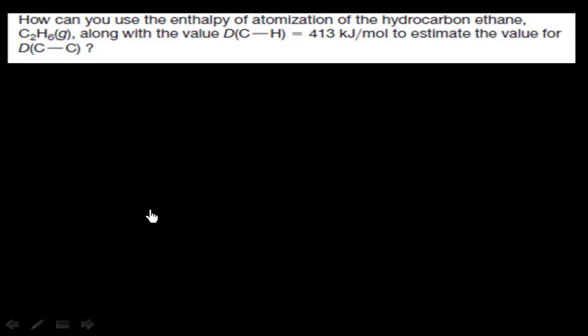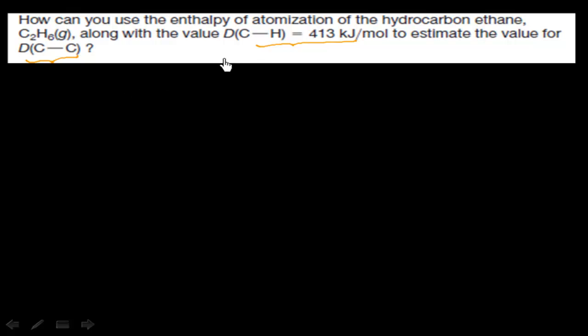So let us take one example. How can you use the enthalpy of atomization of the hydrocarbon ethane, that is C2H6, along with the C-H bond energy, to estimate the value of the carbon-carbon bond energy? So what is given?